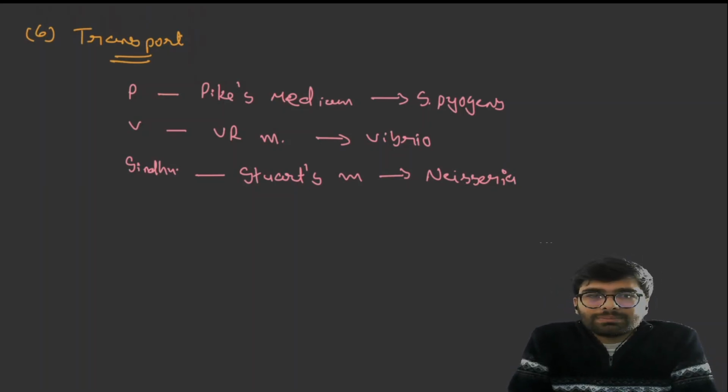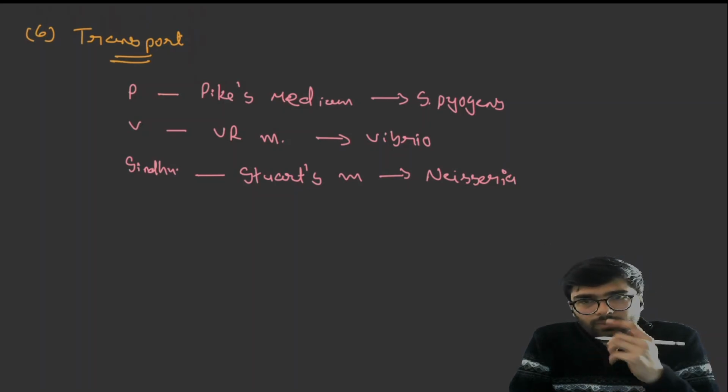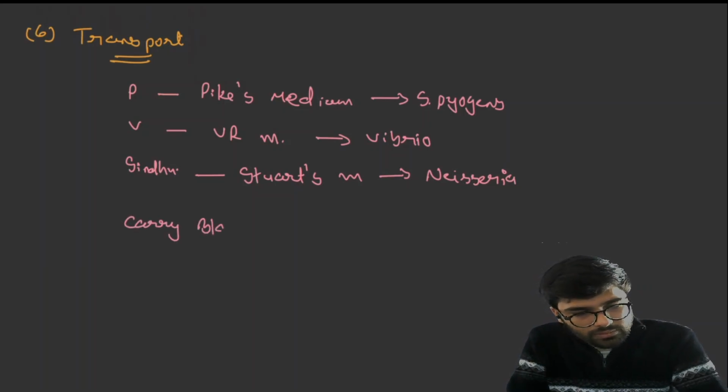The fourth example which you can remember, if it is asked for a 2 marker, then you have to write four examples. Otherwise, these 3 are enough. So if it is asked for a 2 marker, you can remember one more example as Cary Blair. Cary Blair medium.